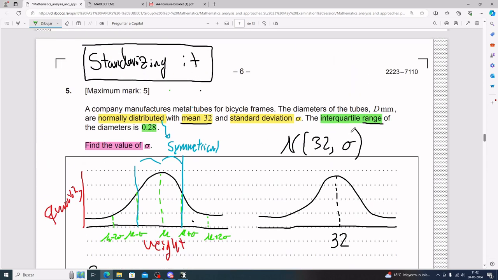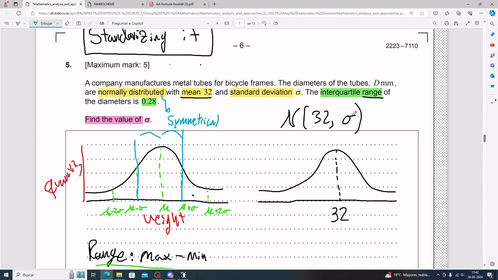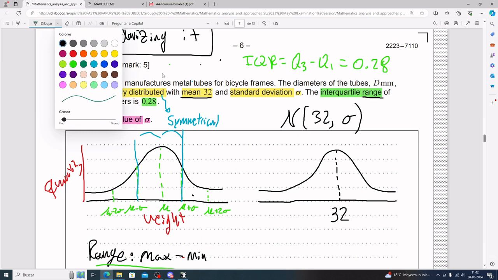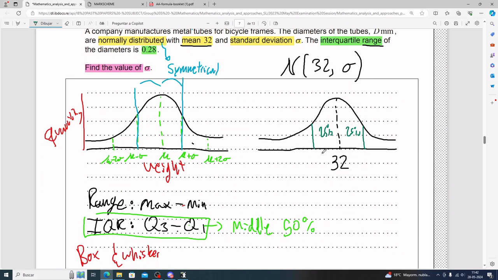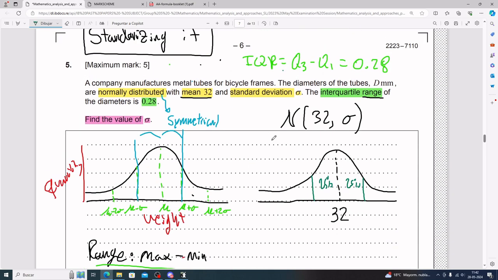And how can you express that over here? Well, they tell you that the interquartile range of the diameters is 0.28. And so basically IQR, which is Q3 minus Q1, equals 0.28. And so what's happening here is that if you take 25% of the left and then 25% of the right, all that distance is going to be 0.28.